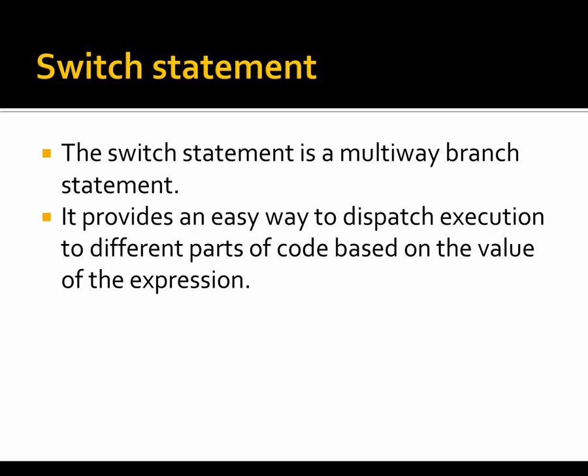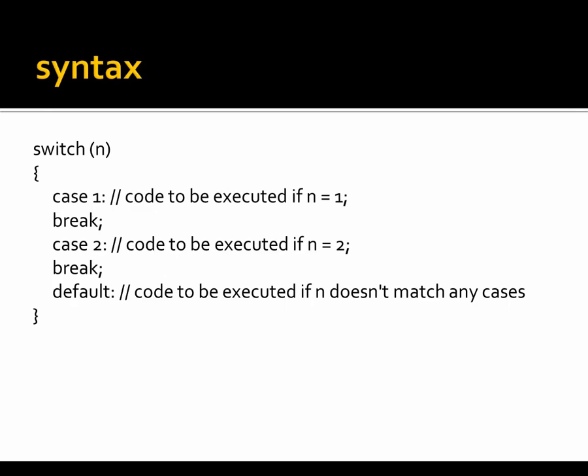This is an easy way when you have many parts of code to be executed and that depends on some value. Say if the value takes one number, then one part of the code is executed. Say that value is something else, say 2, then another part should be executed. In such a situation, this switch statement is the best way of going about it. You will understand this better when you see the syntax and a code.